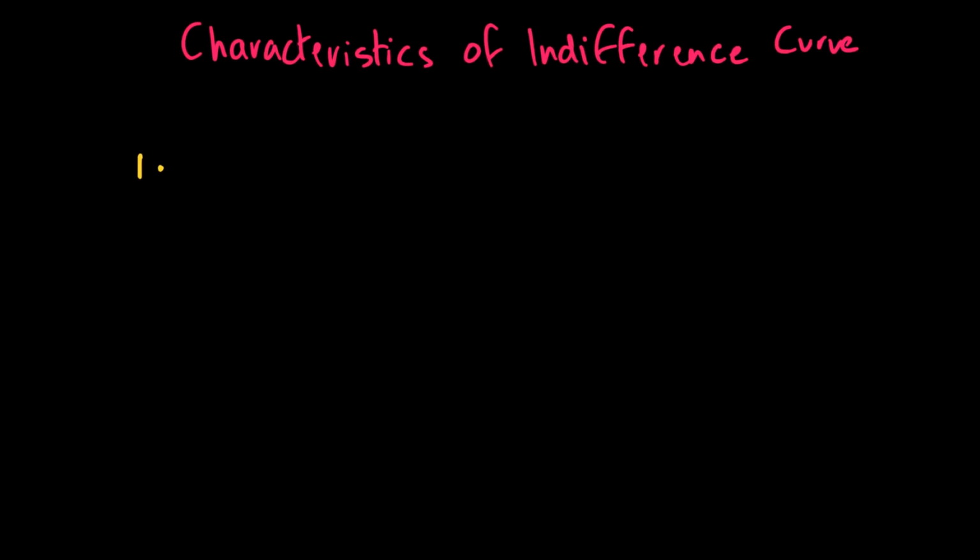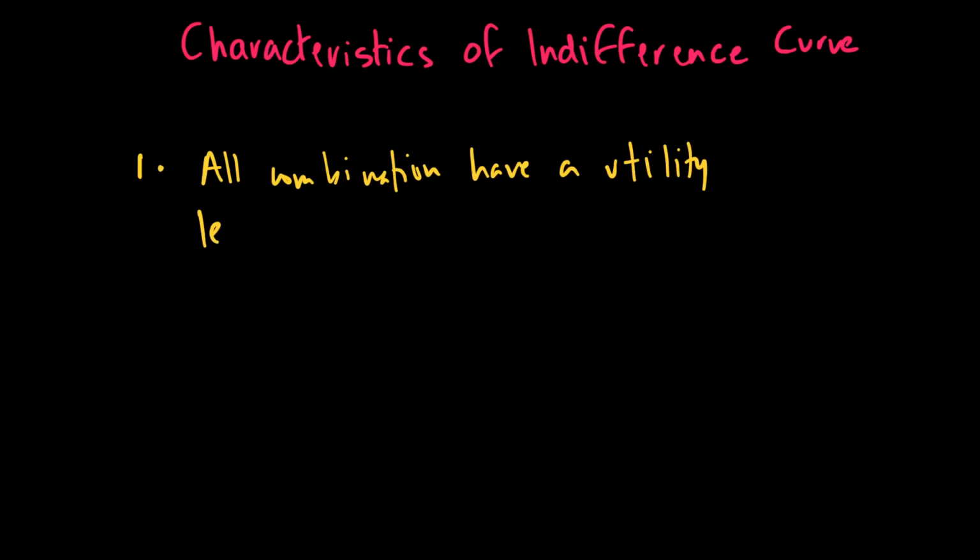The first characteristic of indifference curve that we want to discuss is the idea that all combinations have a utility level, and we can rank them.